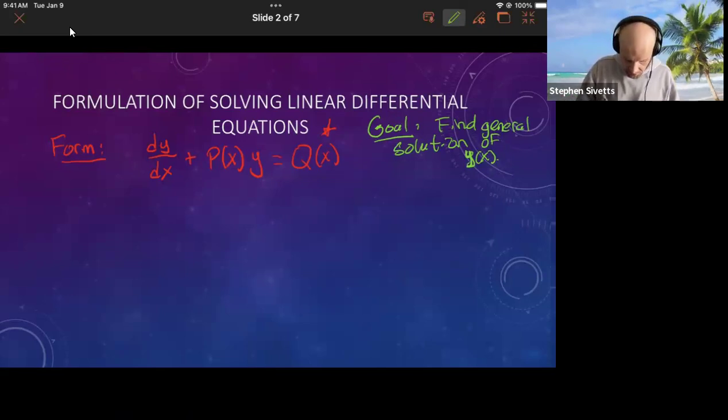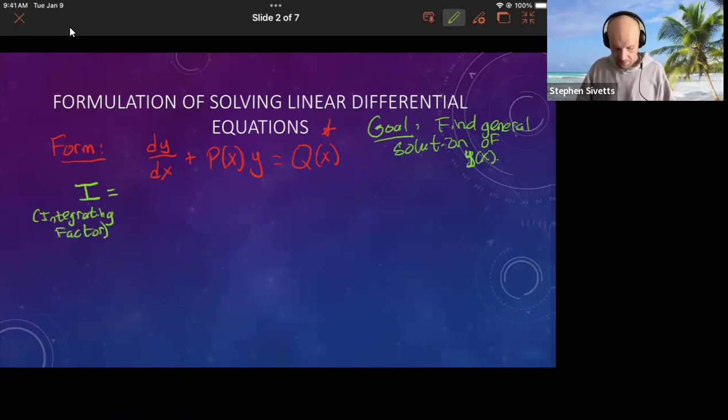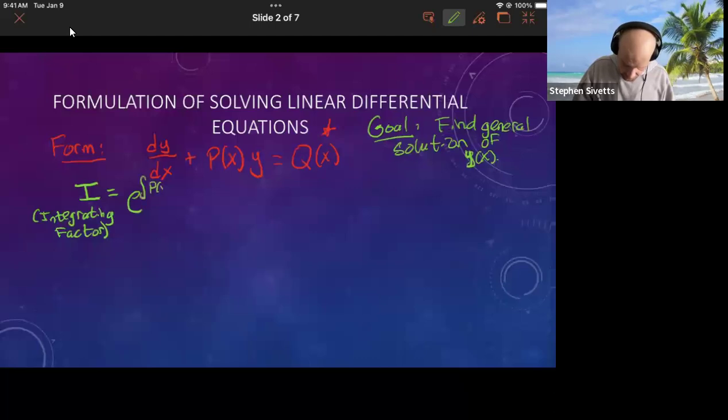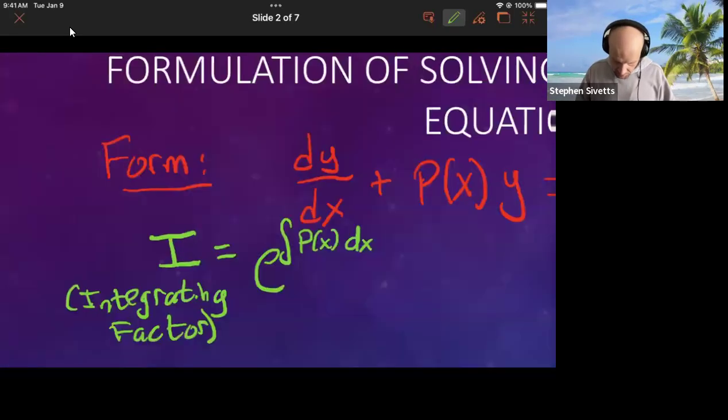You'll have what is called an integrating factor. I'll call it I. So this is what's called an integrating factor. And what this will look like is e raised to the integral of p of x dx. So that is what it will look like.